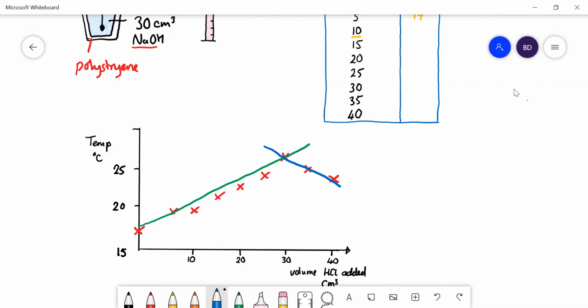Okay, now we need to think about what's happening there. Why does it go up and then it goes down? Right, the green line, the temperature is rising there, and that's fairly easy to explain, and that's because it's an exothermic reaction. So chemical energy is being converted to heat energy, and that's making the solution warmer.